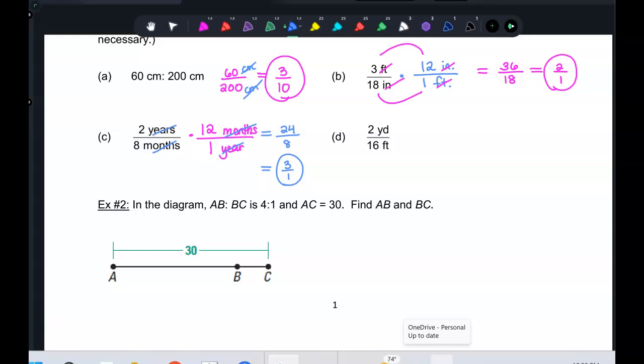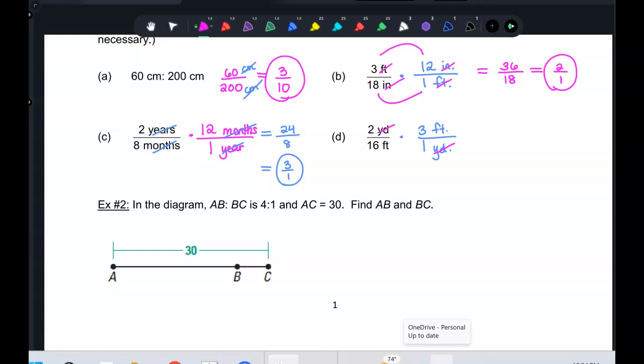Okay, yards and feet. How many feet? A yard is like about a meter. How many feet are in that 1 yard? Anybody know? I think it's like 1.7. 3. So 3 feet is equivalent to 1 yard.